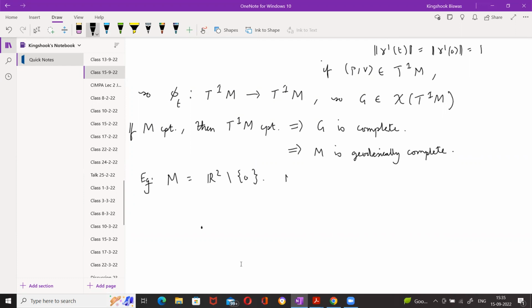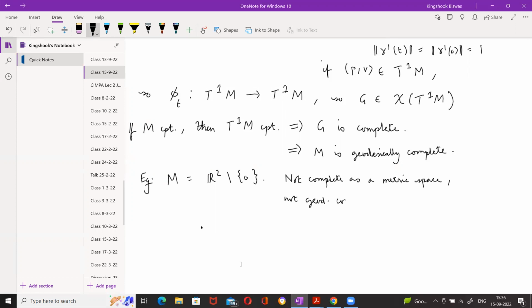This is not complete as a metric space, and it is also not geodesically complete, right?